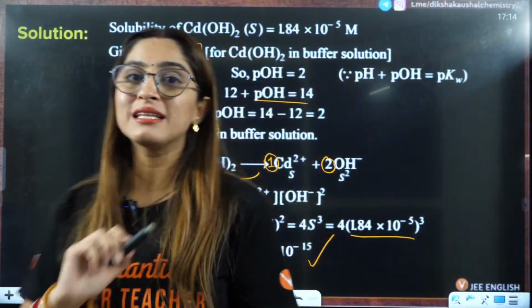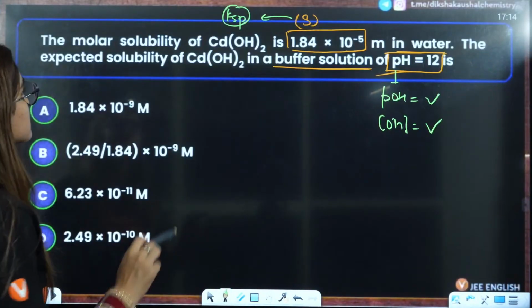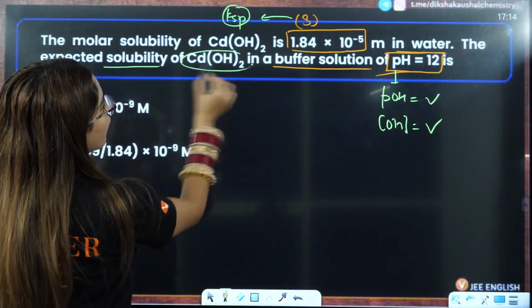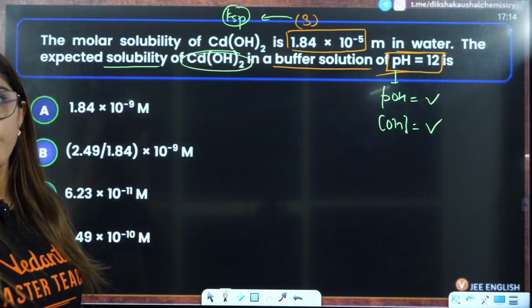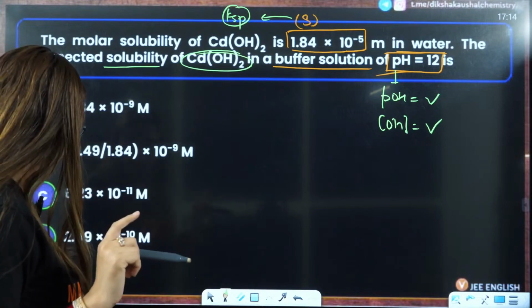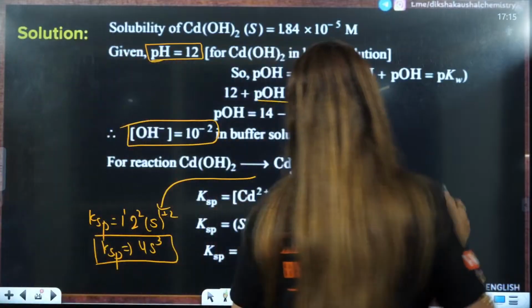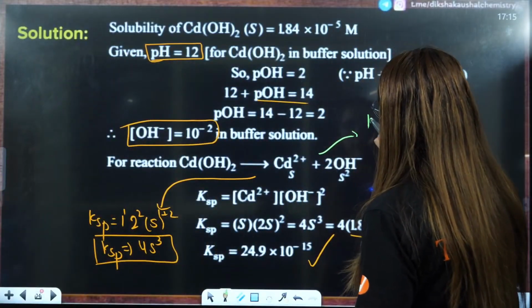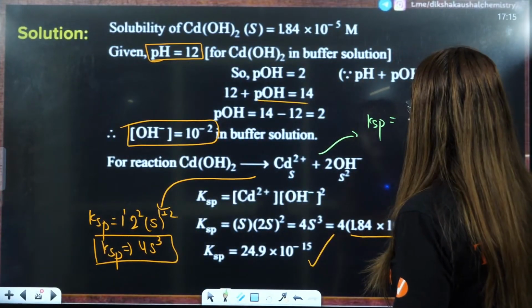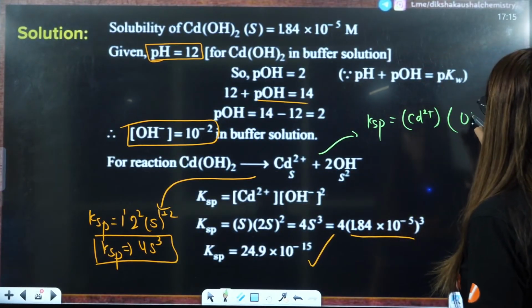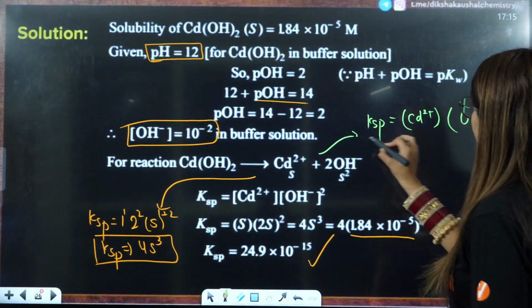Now, what they are asking you is the expected solubility of Cd(OH)2 in a buffer solution of pH 12. We can also write the formula of Ksp in terms of ions as Cd2+ times OH negative raised to power 2.